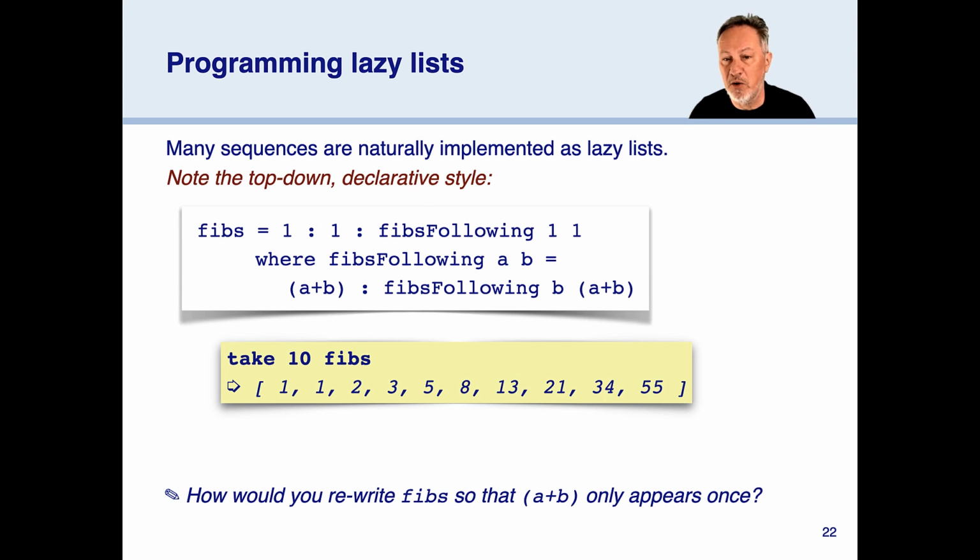Well, what's fibs following A and B? Well, it's going to start with A plus B, so the sum of the previous two digits in the list, and all of the Fibonacci's following B and A plus B. So there's a complete definition of a lazy list of Fibonacci numbers.